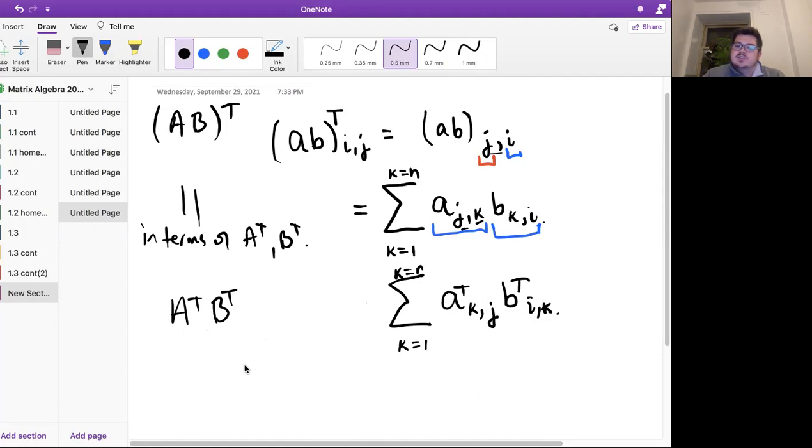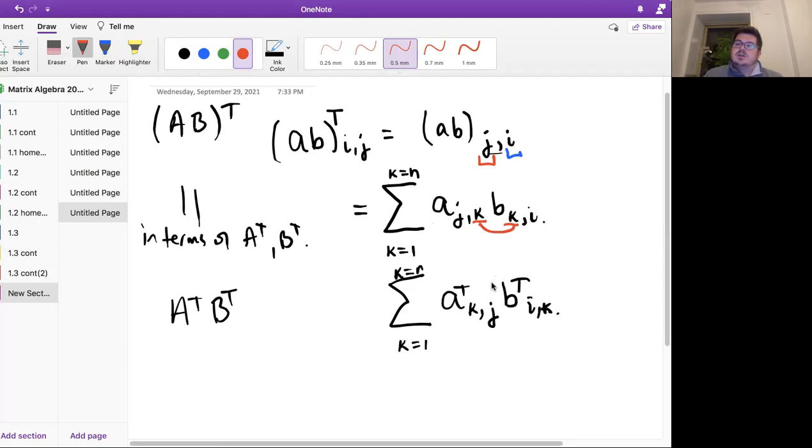It's almost the matrix multiplication of something, but what's off about it? Where should the index K be for this to be a matrix multiplication formula? For the matrix multiplication formula, the K needs to be sandwiched in between, right?